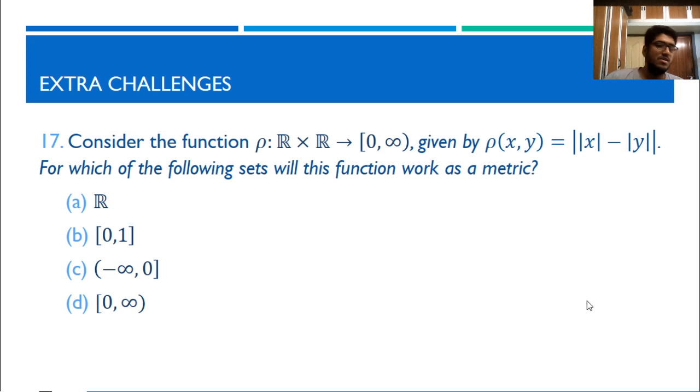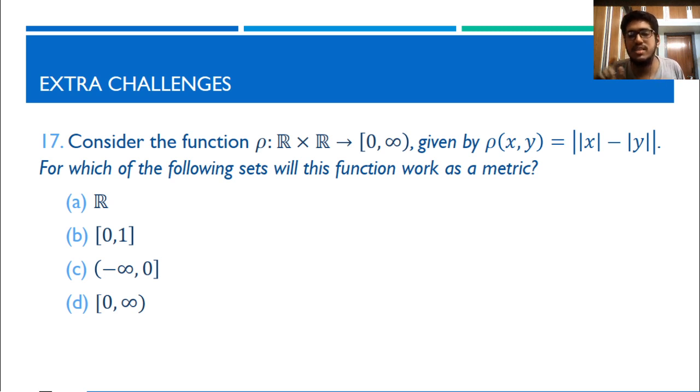Yes, Bijal. So the final question: consider the function rho from R cross R to the closed interval 0 comma infinity, given by rho of x comma y is equal to the absolute value of absolute value of x minus absolute value of y. For which of the following sets will this function work as a metric?